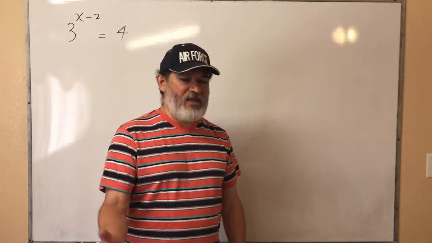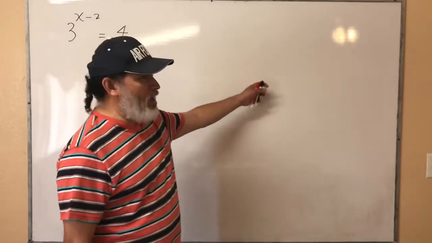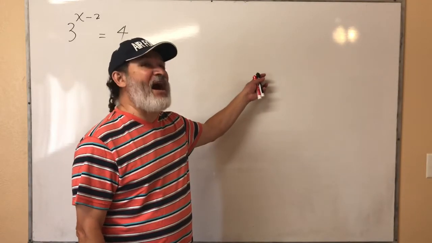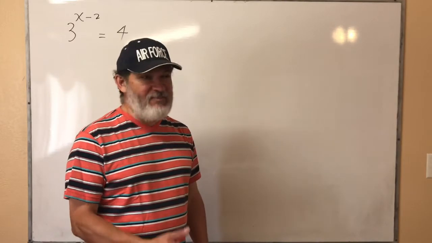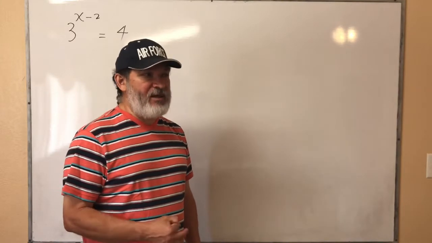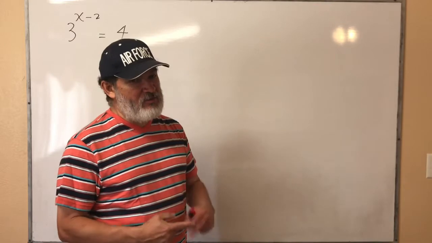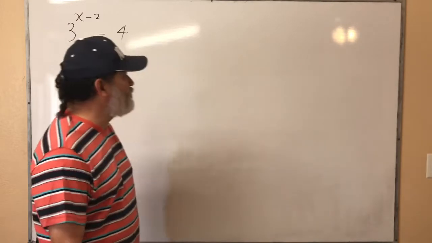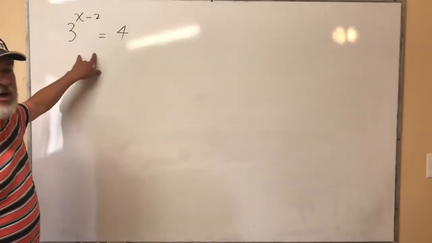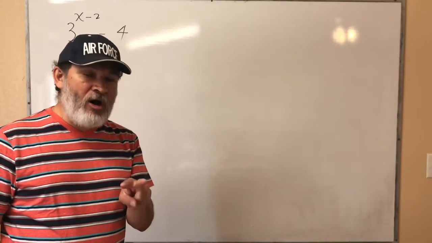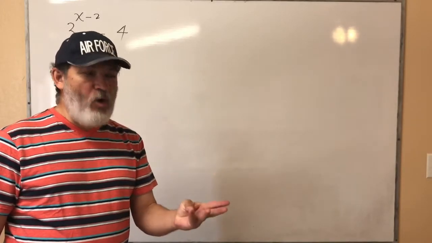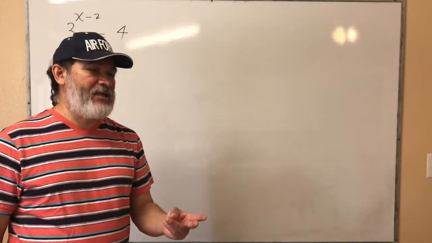Okay? Listen, guys. Earlier, I could have used log base 5. I could use any log, any base, as long as the base is greater than 0, not equal to 1. I can use any base I want. But the two convenient logarithms are log base 10 or log base e.